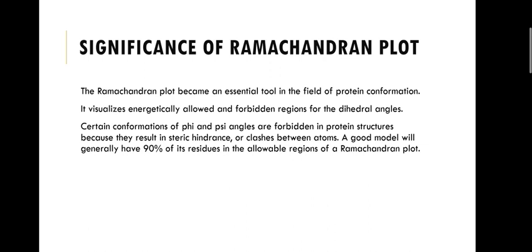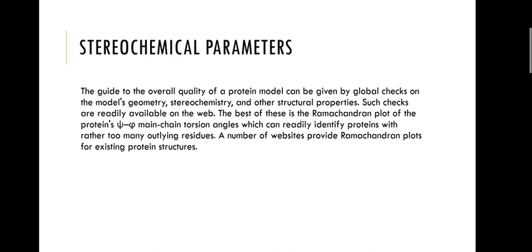Coming to the significance, it is a very essential tool in the field of protein conformations. A good model will generally have 90% of its plot in the allowable region of a Ramachandran plot.